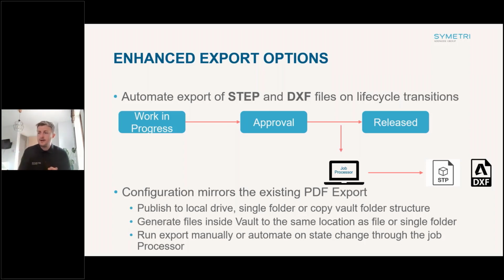We can still publish to the same locations as the PDF export within Vault. So you've got two options. You can publish it to a local drive, that's to your file explorer, and that can be either to a single folder, so you might have a singular STEP folder, and all of your STEP files, when they get generated, will go to that one folder.